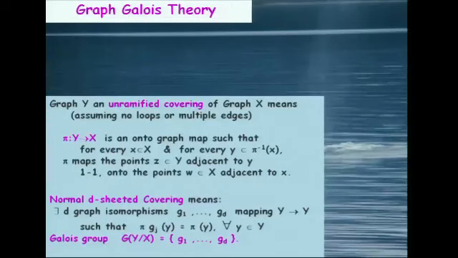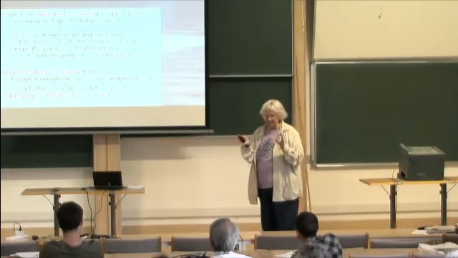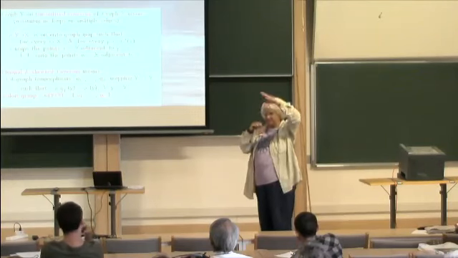So the idea is we're going to look at Y, an unramified covering of X, to mean, if I have no loops or multiple edges, that we have a projection pi that is an onto graph map that has the property that for everything down below in X, I'm thinking of X as the base graph and Y is up above it. For every point in the inverse image under pi, the map is 1-to-1 onto for everything adjacent to Y. So that is, locally, if you just look at a point and its neighbors, a point and the point above and its neighbors look the same.